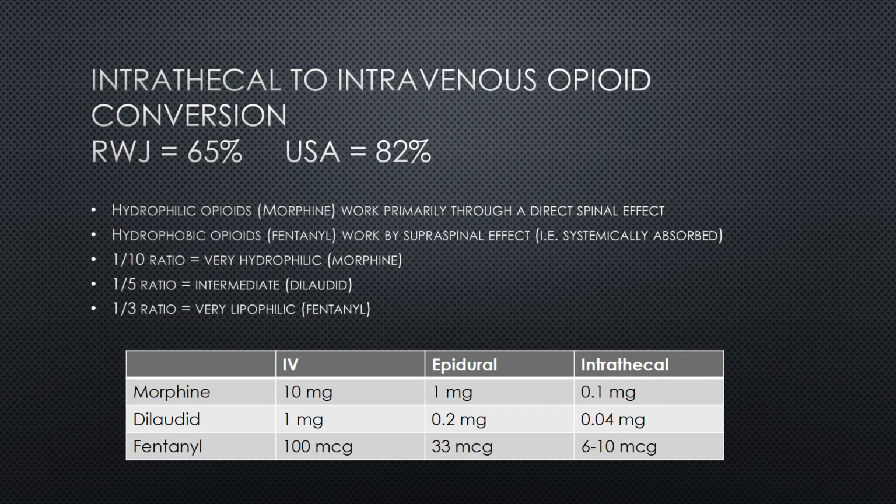So very, very hydrophilic opioids, meaning they, like water, work primarily through a direct spinal effect. So they are injected into either the intrathecal space or epidural space, and they hang out there. There's very limited systemic absorption.